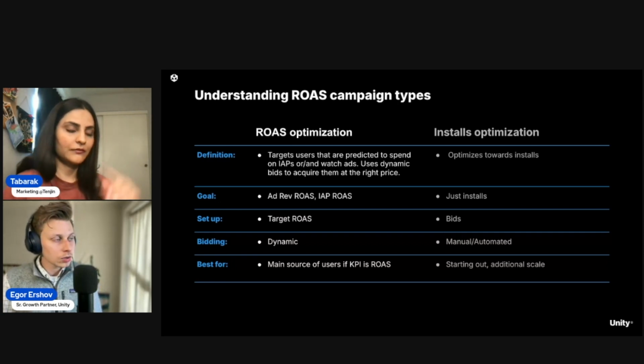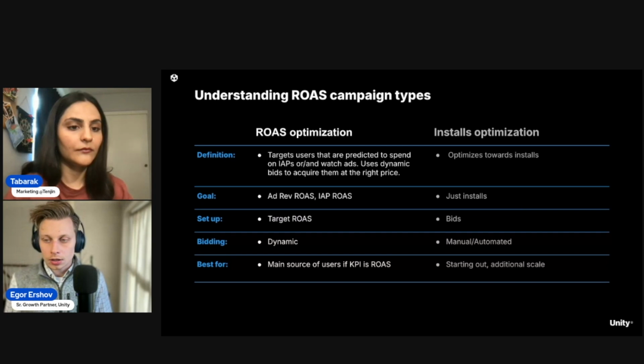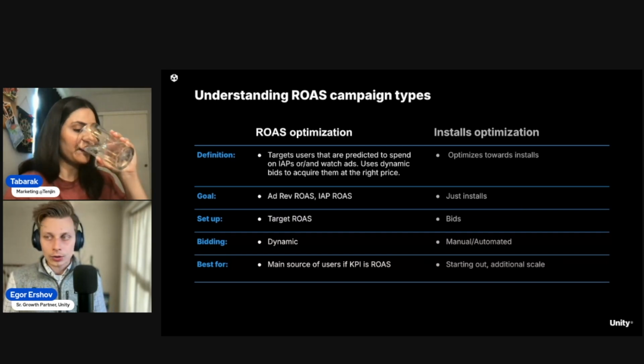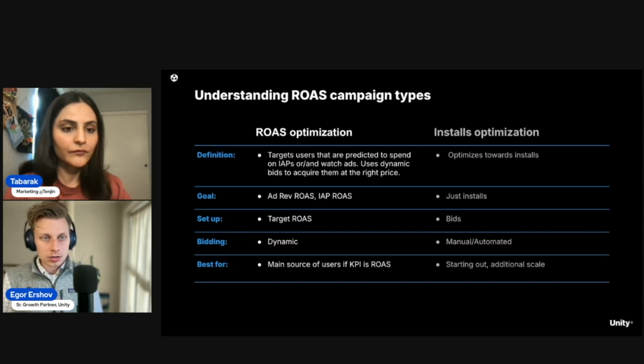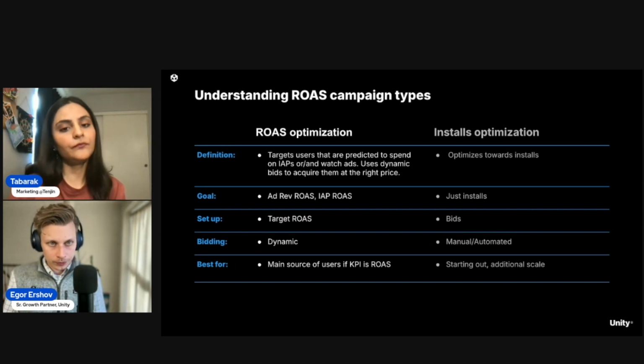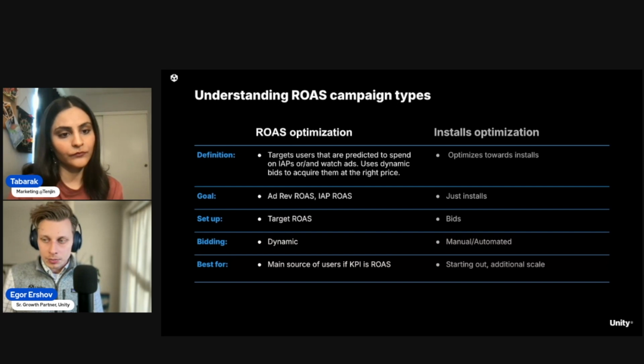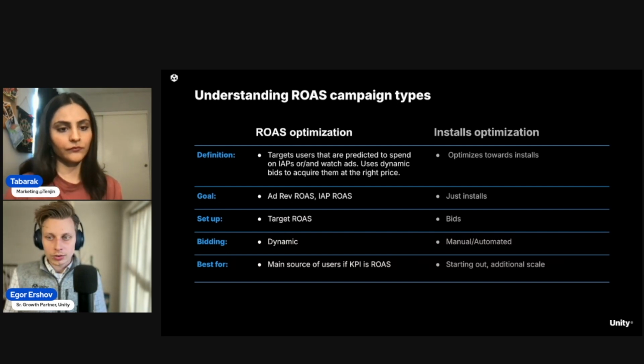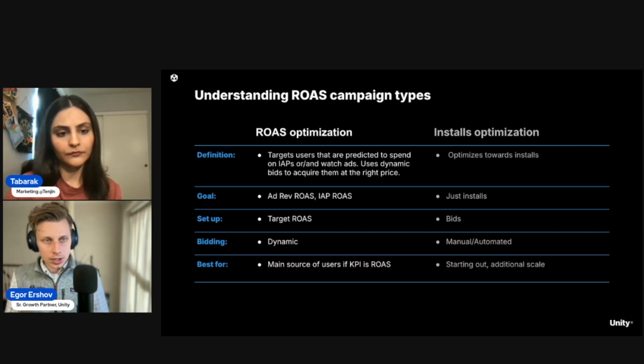Yes. So again, the historical data, how your app performed, is crucial to understanding how to work with it in the future. When it comes to working with ROAS campaigns, those campaigns are working only because they're based on your data and the data Unity accumulates and processes.